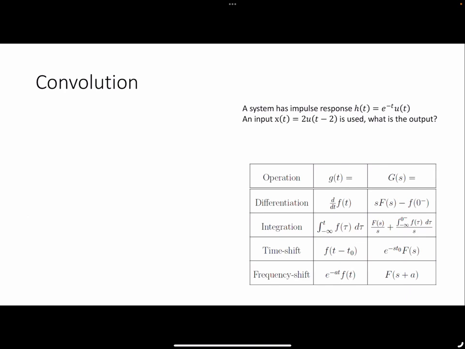What is the output? If a system has an impulse response h of t of this, what is the transfer function? It's just going to be H of s equal to 1 over s plus 1.